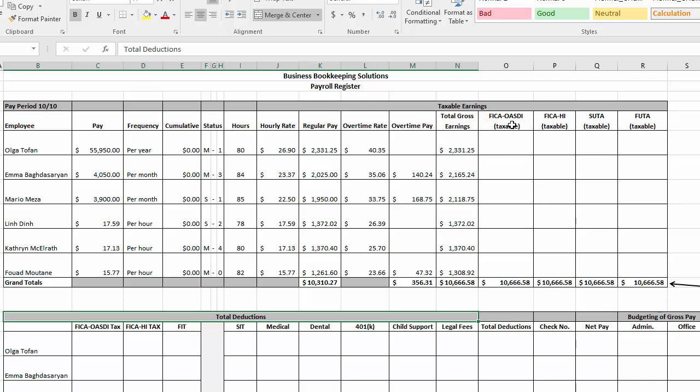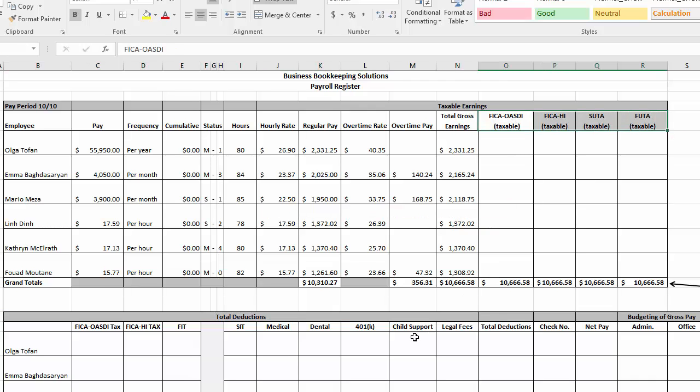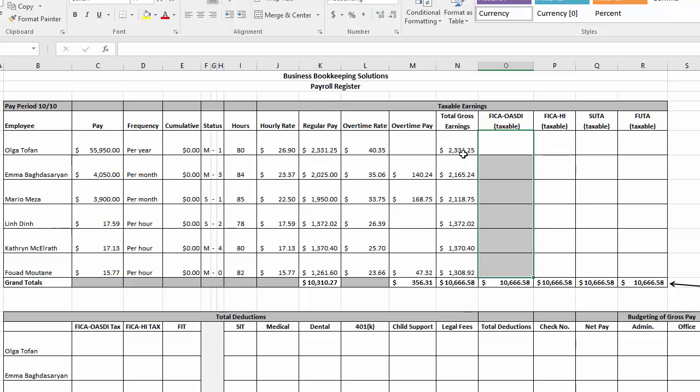So notice on these other columns, these are taxable amounts. So how much of this person's gross is going to be taxable for OASDI? Well, for OASDI, you have to check to see how much of it is under 102,000. Now, for this first paycheck, obviously, since it's their first paycheck of the year, they had 0 before.